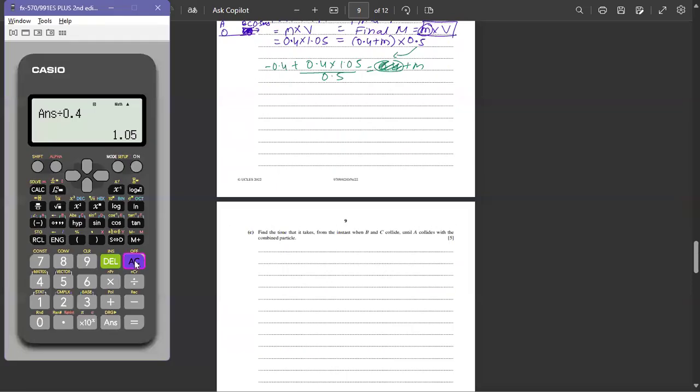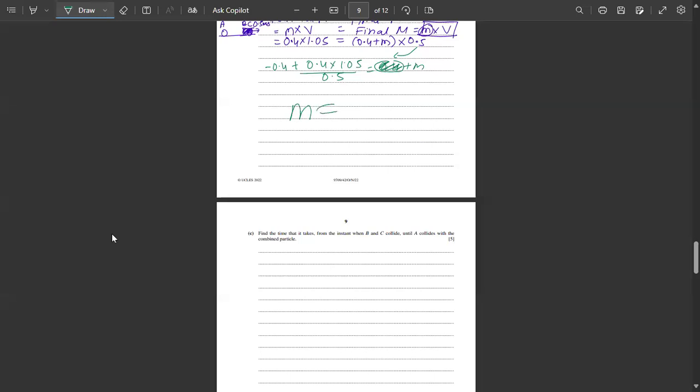We just need to put it in our calculator. Minus 0.4 plus 0.4 into 1.05 upon 0.5. So the mass of the ball is 0.44 kg. Okay, so we are done here. The mass of the ball is 0.44 kg.